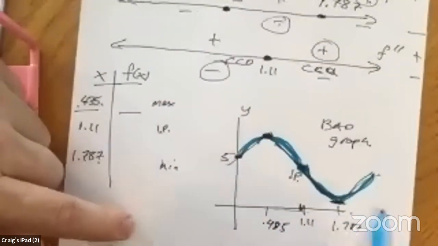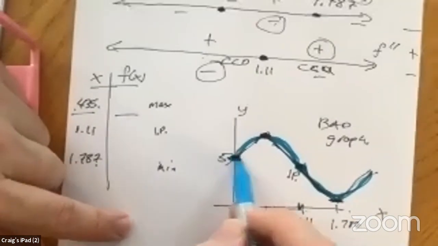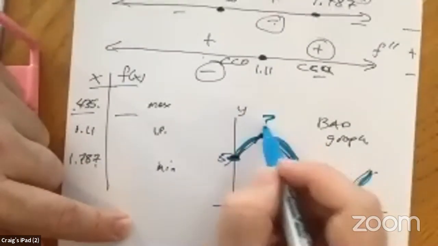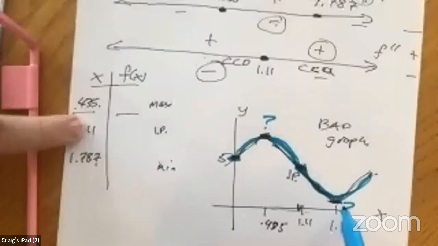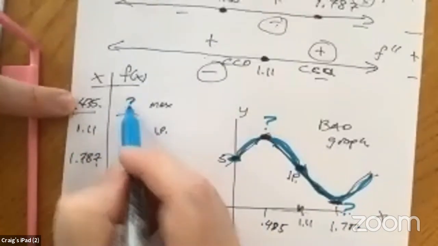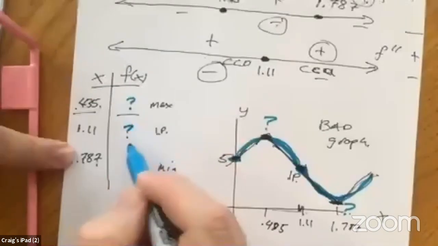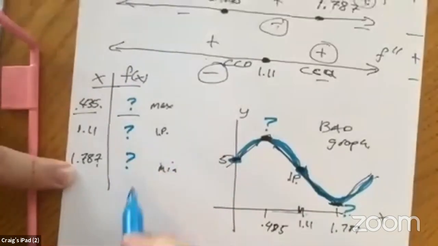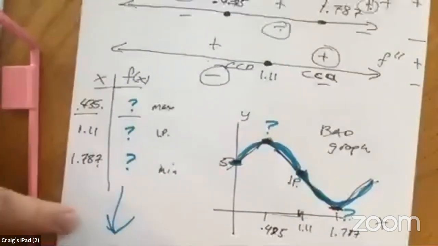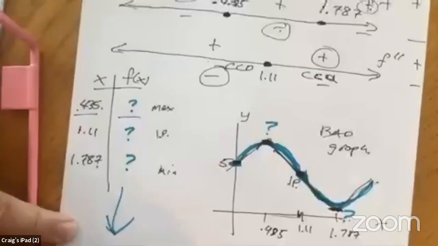Now that's almost the only thing I'd look for. I want the 0.5 right, but I want to know what that value is and what this value is. So you need to stick these into the original function, 0.435, get this one right, get this one right, and then that leads to an A plus graph.